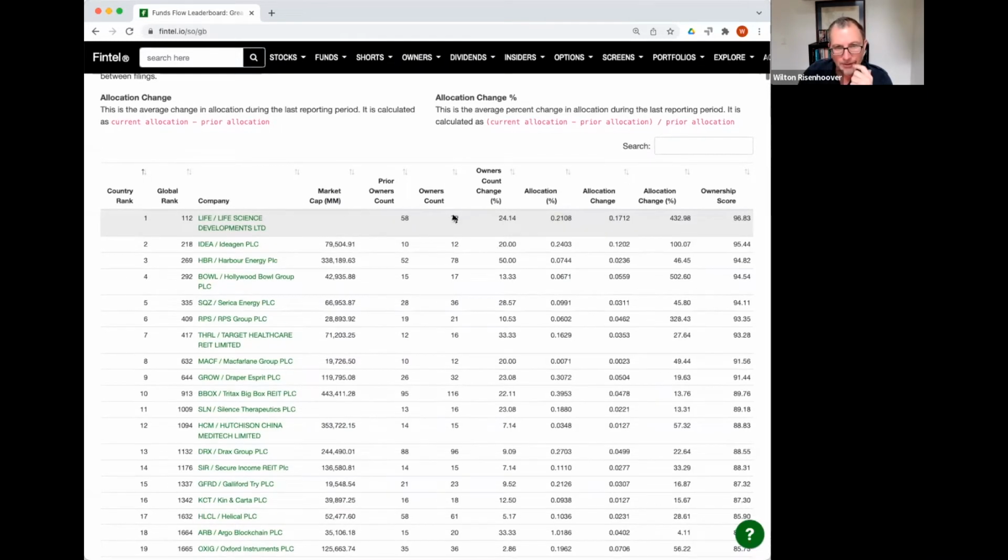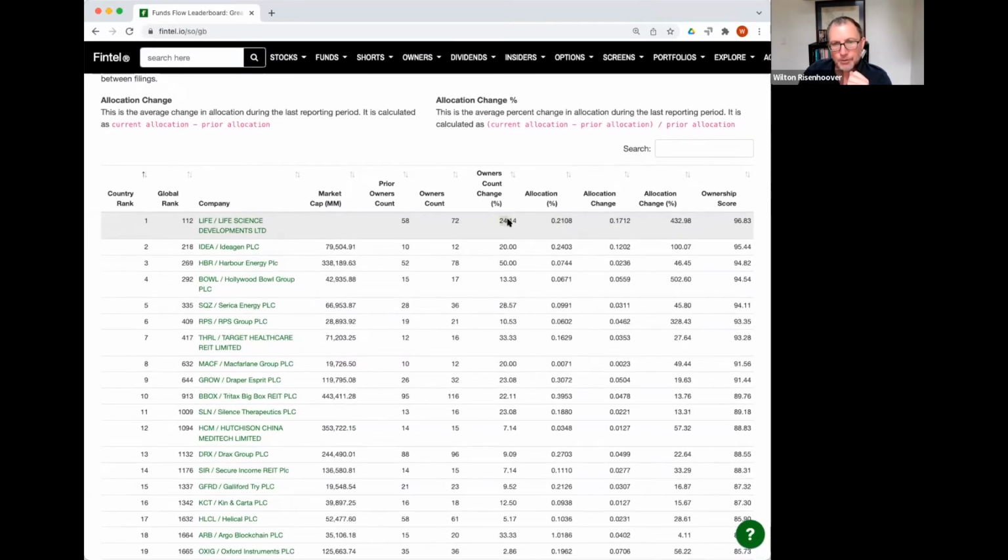So we take this information, the change in owners and the change in allocation, and we sort that against all the companies in all the countries in the world. In this case, the global rank is 112, the country rank is 1, and we give this a score of 96.83.